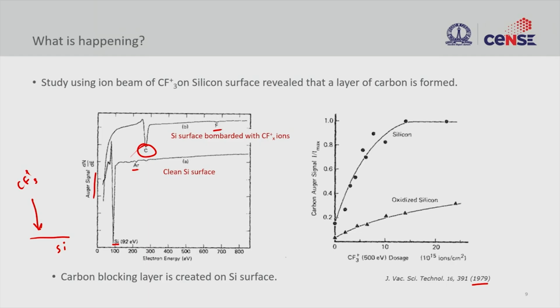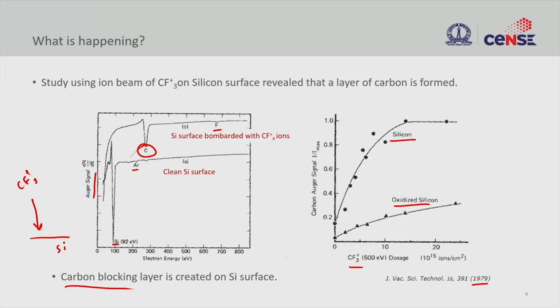So when you have carbon deposits, then the reaction chemistry is preventing these radicals from reaching the silicon layer by protecting the layer using this carbon blocking layer. And this is what you see when you look at various CF3+ concentration irradiated on oxidized silicon and also on just pure silicon.